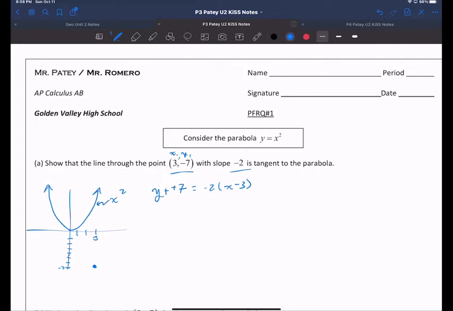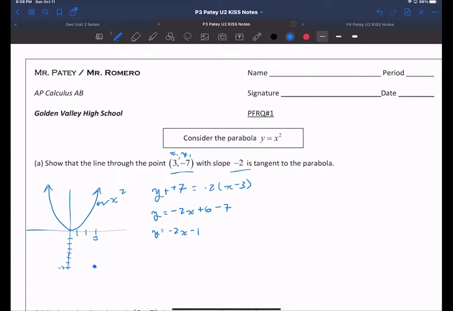So I'm going to solve for y here. On the right side, I distribute that -2 and subtract the 7 from the other side. And so I get y equals -2x minus 1.